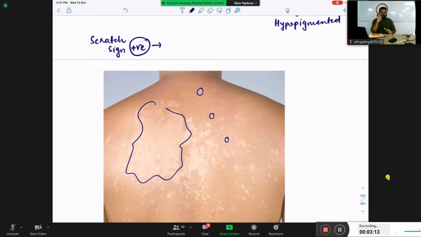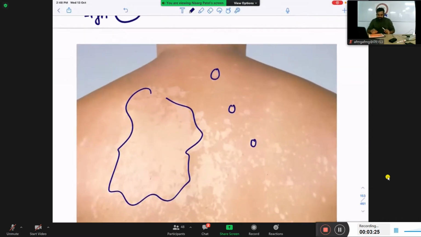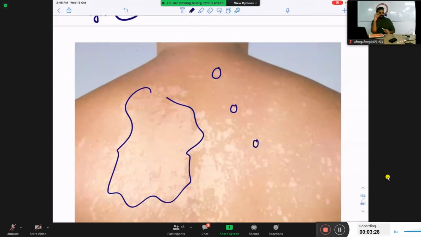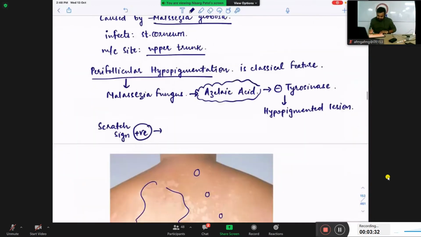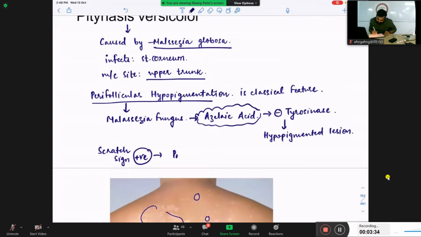But when I scratch, the stratum corneum will come off the skin. It gives a powdery feeling, like powdery flakes of stratum corneum. So this scale is a powdery fine scale.